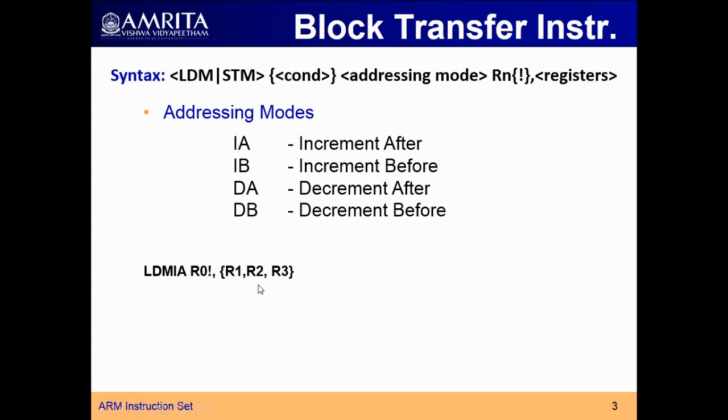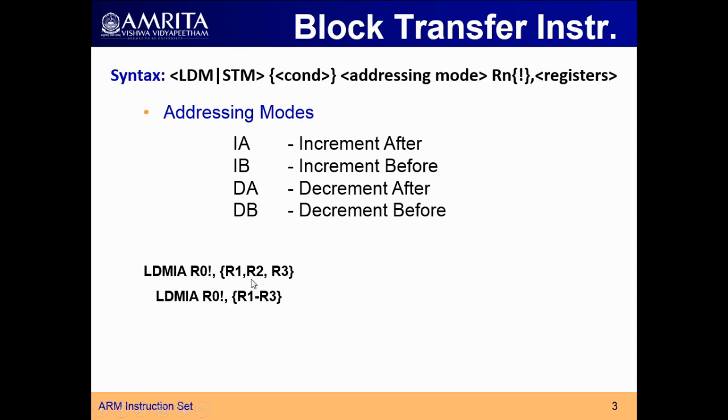And this can also be written like this: LDMIA R0!, {R1-R3}. So this hyphen shows the range of registers. R1 hyphen R3 means the register list will contain R1, R2, R3. That is shown by the hyphen.